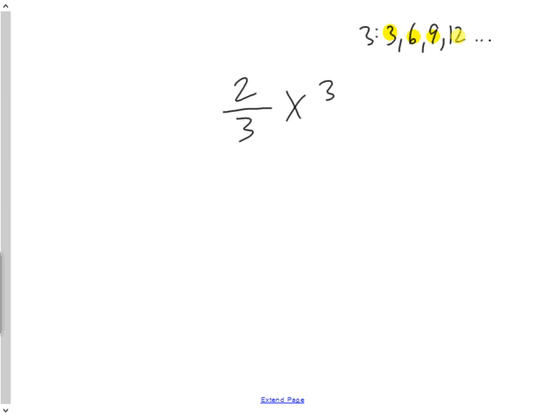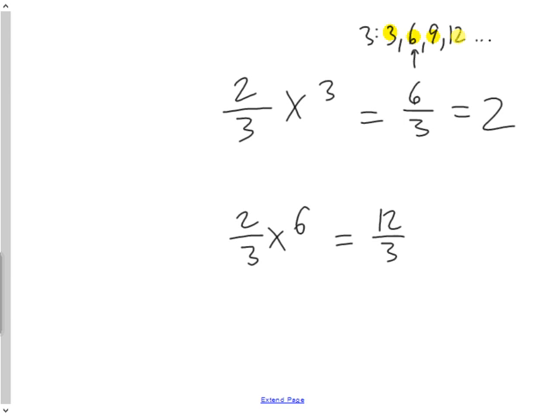If I was to multiply it by 3, I would get 6/3, which is equal to a whole number of 2. If I was to take that 2/3 and multiply it by a second multiple of 3, like 6, I would get 12/3, because of course 6 is 6/1, which of course is a whole number of 4. And that works for every whole number I would multiply 2/3 by.